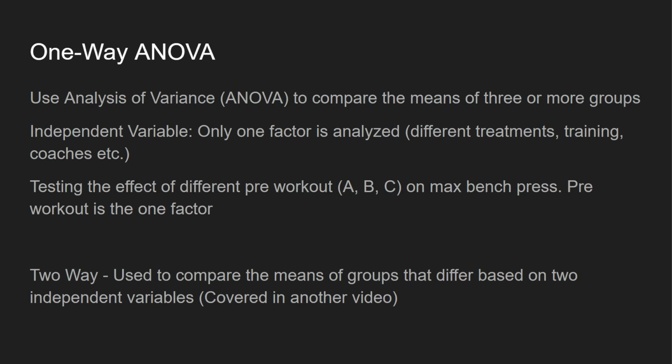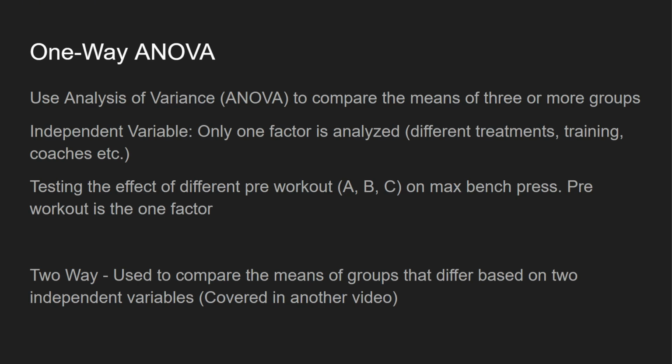You want to see the different pre-workouts A, B, and C, and you want to see the means of the max bench presses. The only factor we're going to be looking at specifically is that pre-workout. Maybe the different groups have the same exact max bench press, let's say, for example, 135, and then you give them the three different pre-workouts and see what the results are after that.